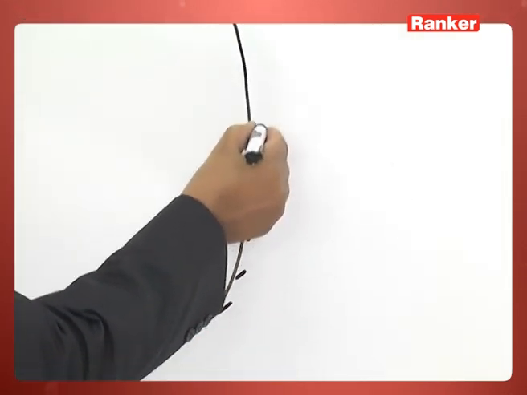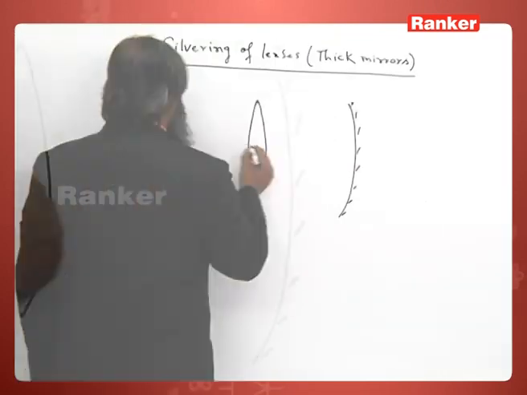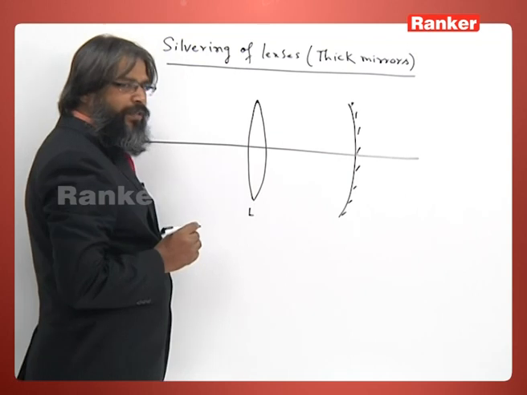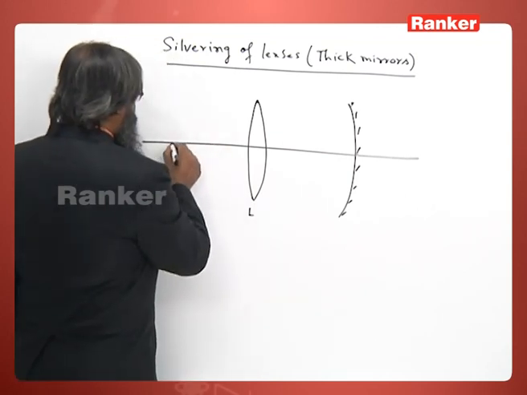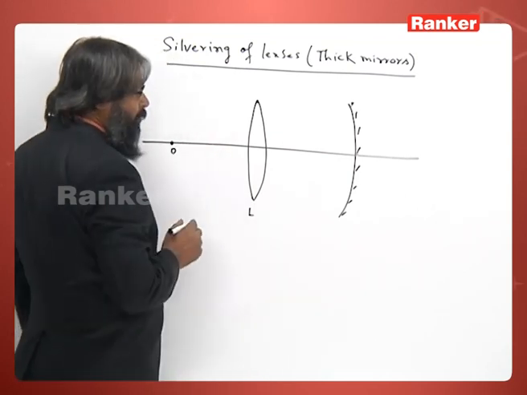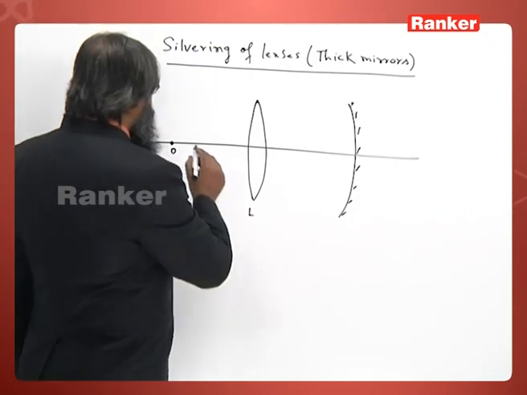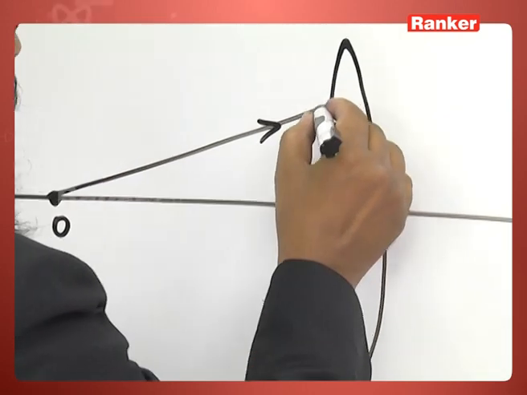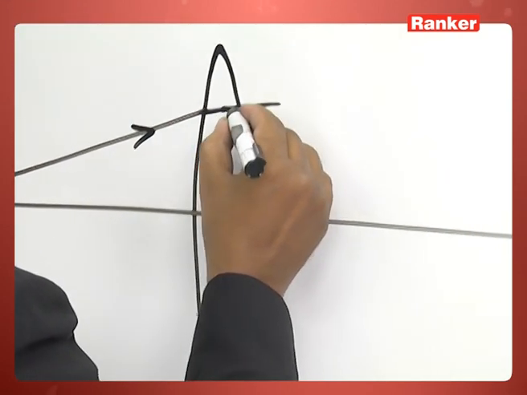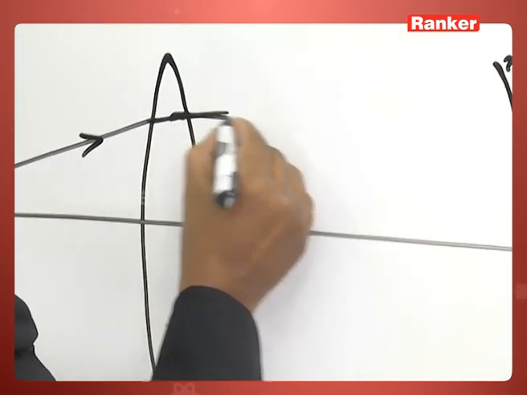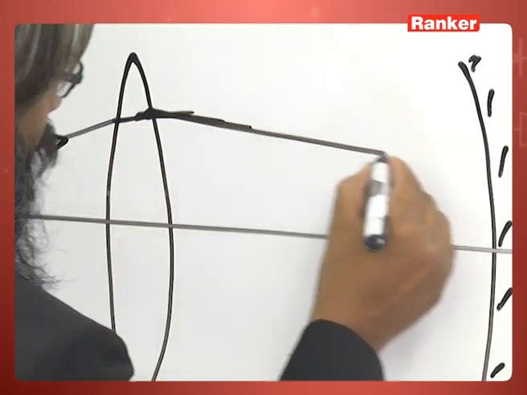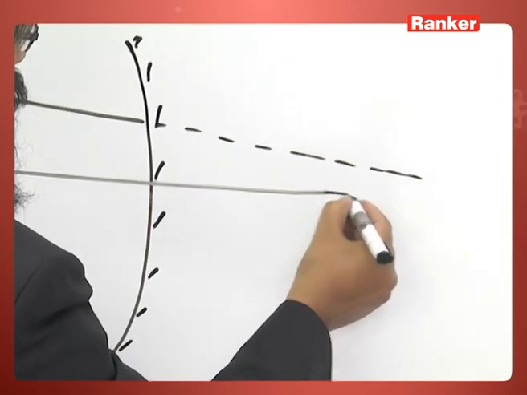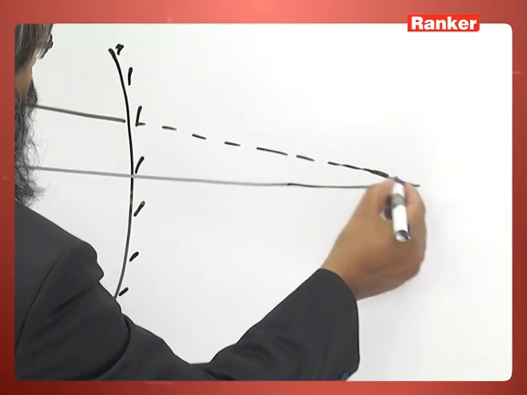This is a spherical mirror, and this is my optic axis of the system. So, if I have to calculate where the final image is formed, what will we use? We will use the lens formula. This lens, in the absence of this mirror, would have formed the image somewhere here.